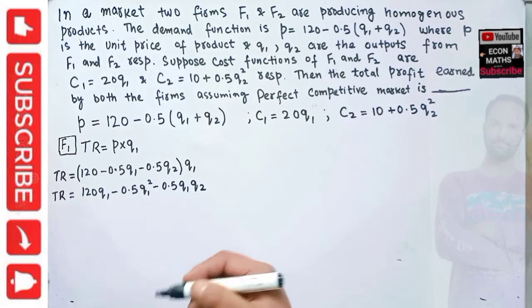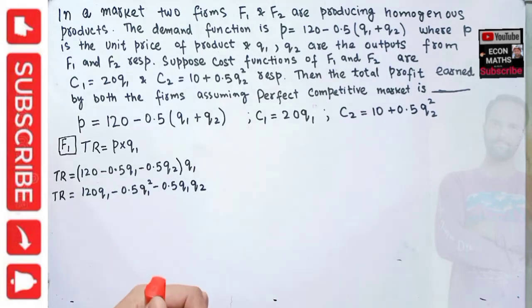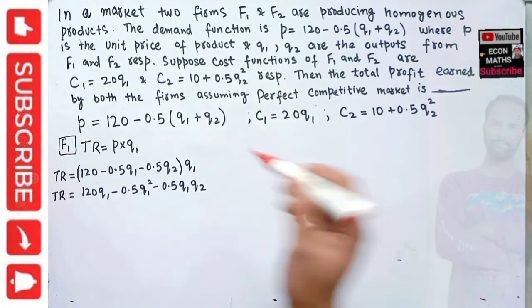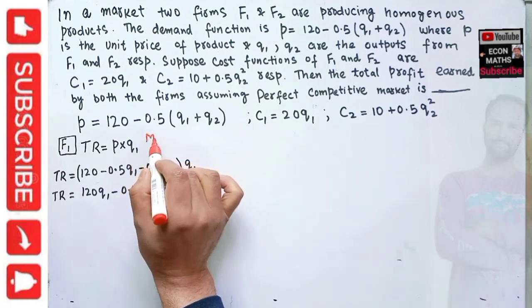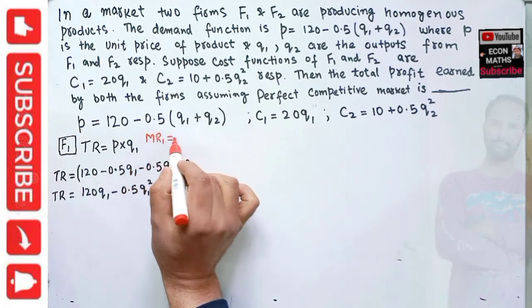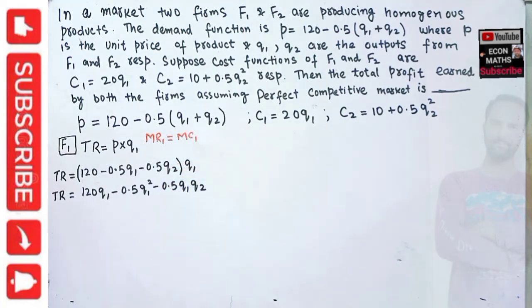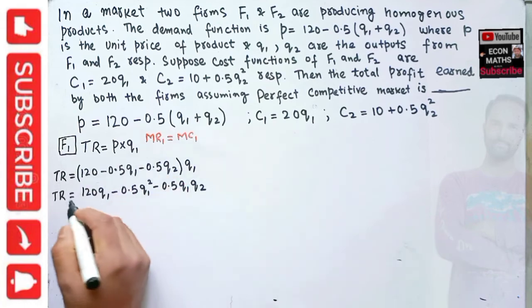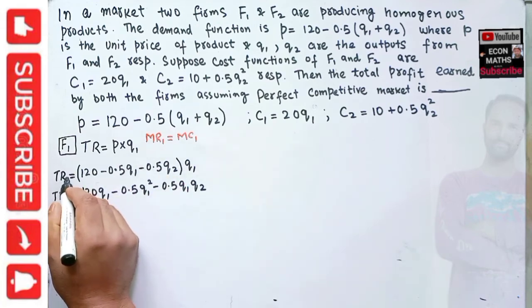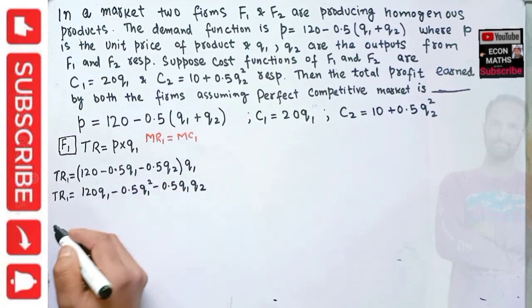We know the equilibrium condition is that marginal revenue should be equal to marginal cost. So marginal revenue for firm 1 should be equal to the marginal cost for firm 1. We have got the total revenue, now we need to find the marginal revenue. Let us denote TR1 as the total revenue for firm 1.